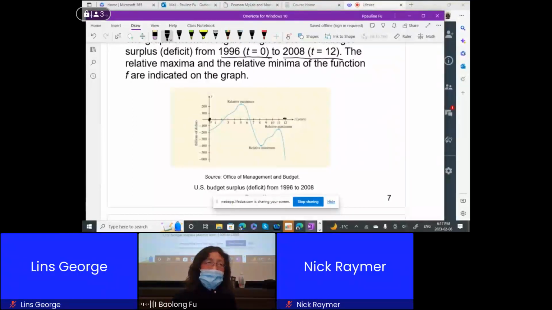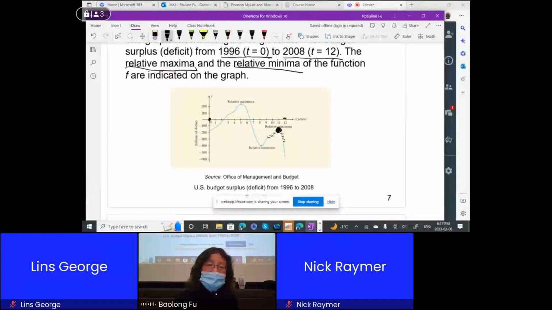In this example, I will explain two concepts. One is relative maximum. The other is relative minimum. Relative means it only considers a small area, the area nearby. For example, this point is the relative maximum because this number is greater than all the numbers nearby.